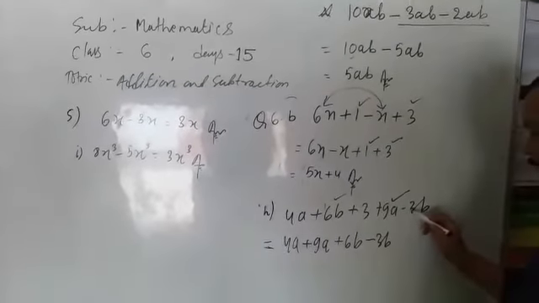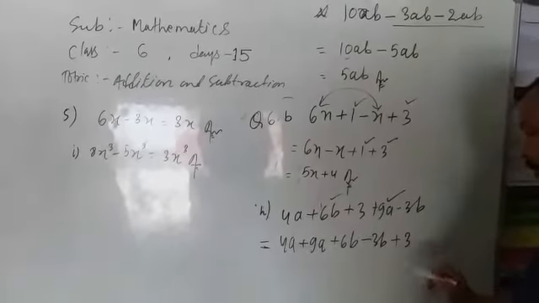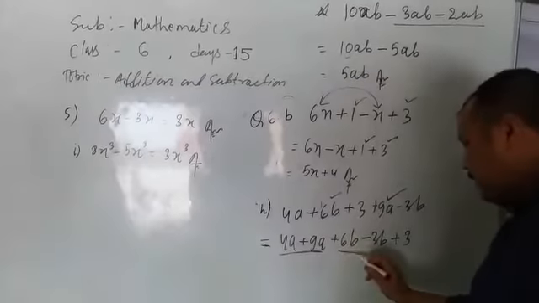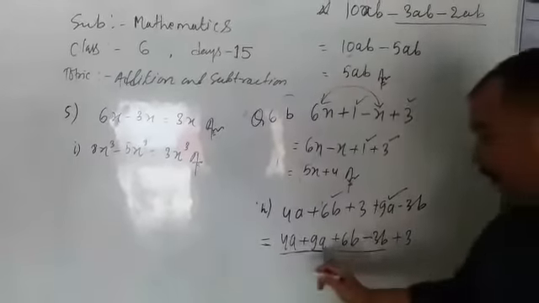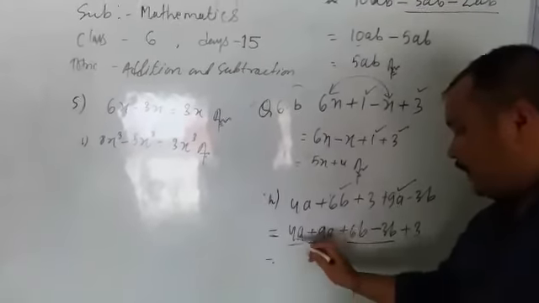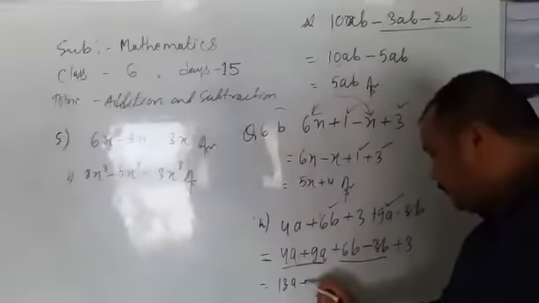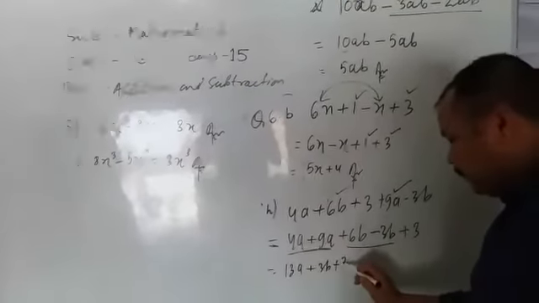The terms keep their signs in front, and plus 3. So my dear students, you know that these are like terms, and these are also like terms. If terms are not like, we just write them down. So now the addition gives 13a, the difference gives plus 3b, plus 3.